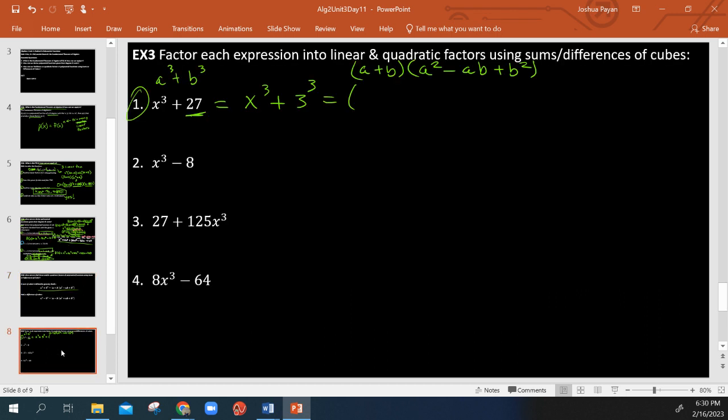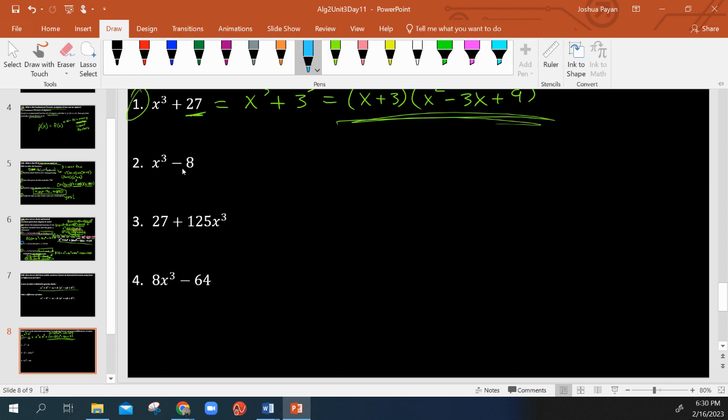So a is just x and b is just 3. And then we have x squared minus 3 times x, so 3x, plus b squared, so plus 9. And that's literally it. That's all we do to plug into sums or differences of cubes, right?